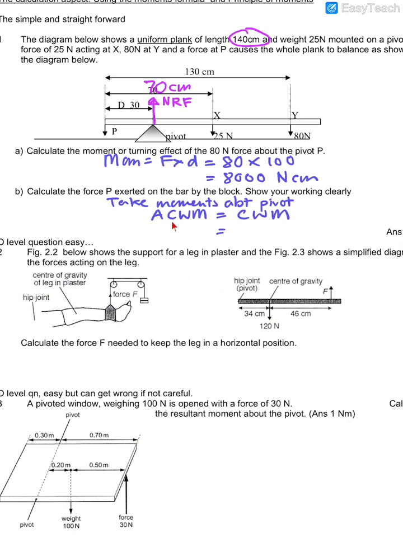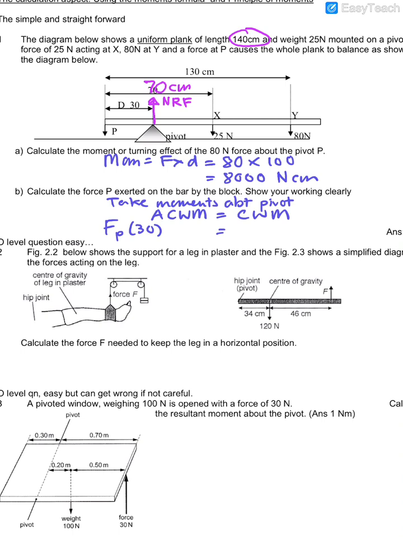Anti-clockwise. Left or right? I write it over here. Force P, what's the distance? 30, to the pivot. Good, so I write there times 30.